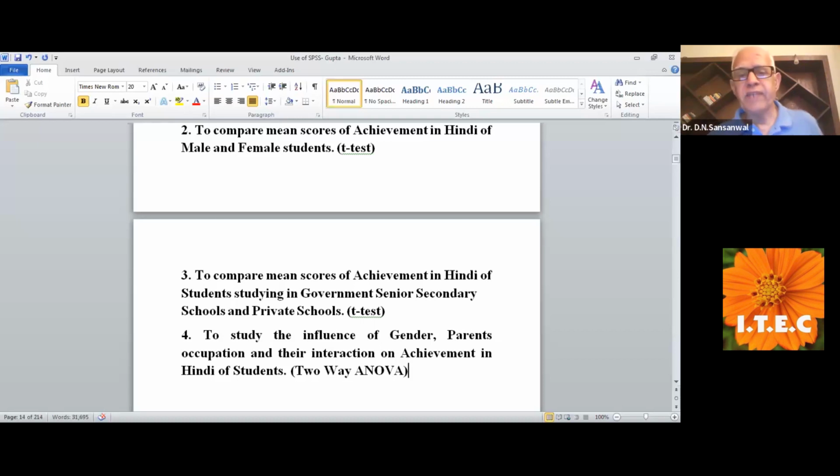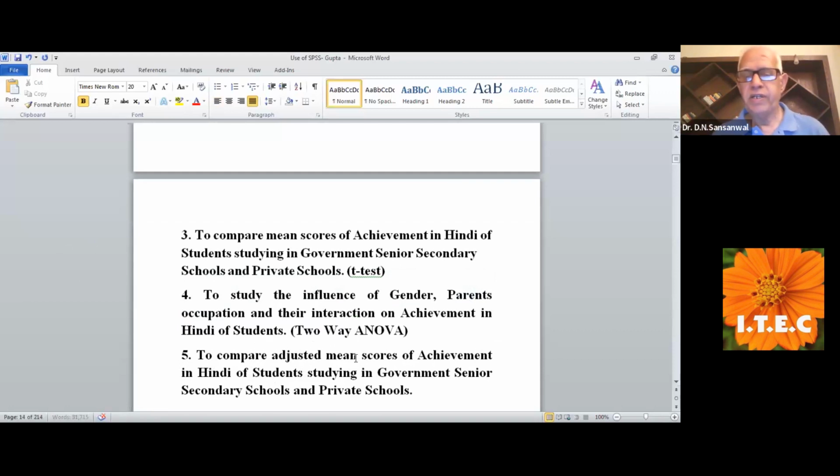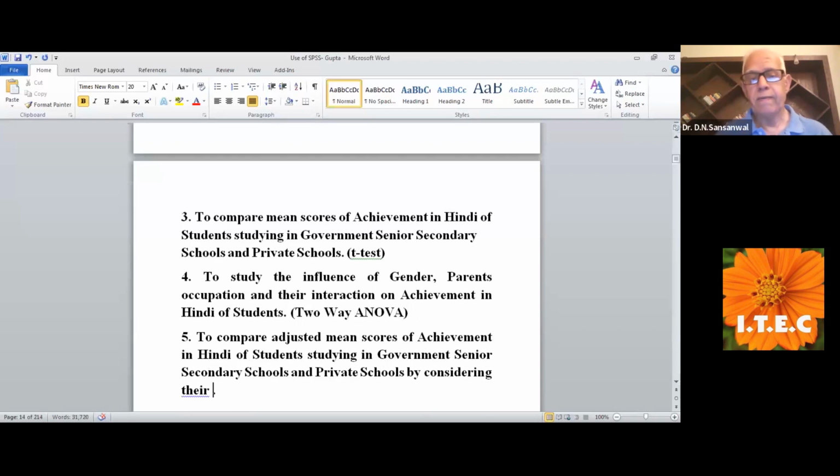If you want, you can have something like this also. To compare adjusted mean scores of achievement in India of students studying in government senior secondary schools and private schools by considering their vocabulary in Hindi as covariant.